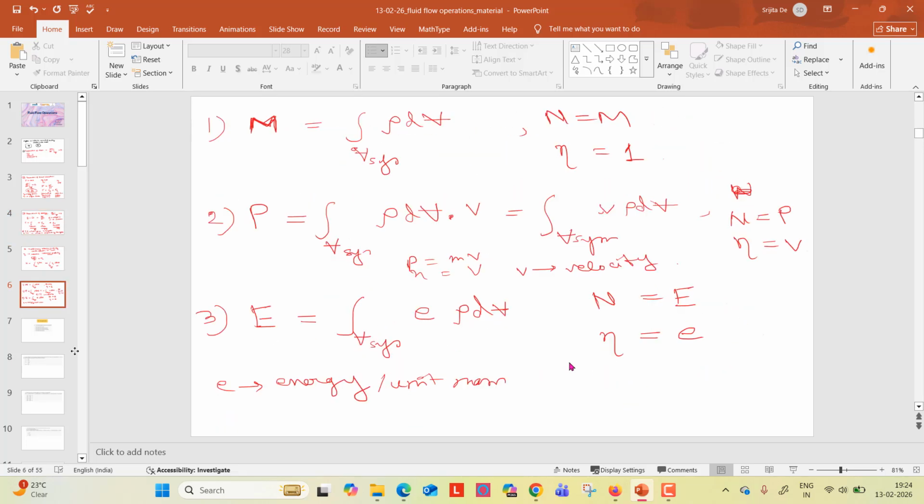So we know the expressions also. E is, U is the internal energy per unit mass, plus V square by 2, that is kinetic energy per unit mass, plus gZ, potential energy per unit mass, right?